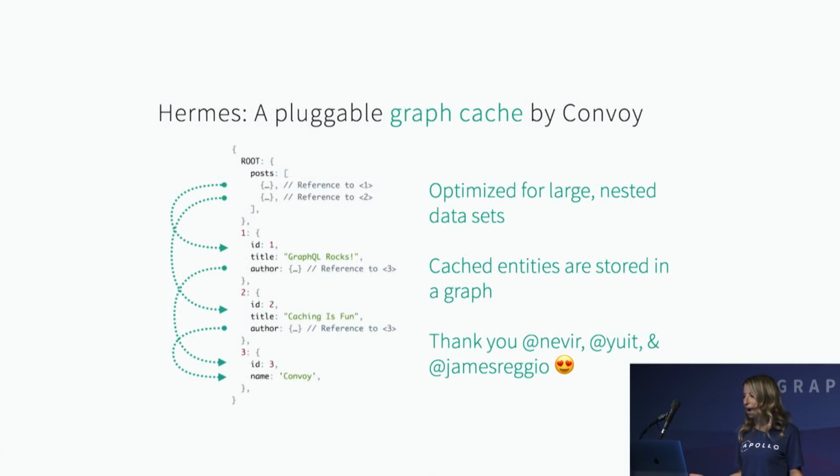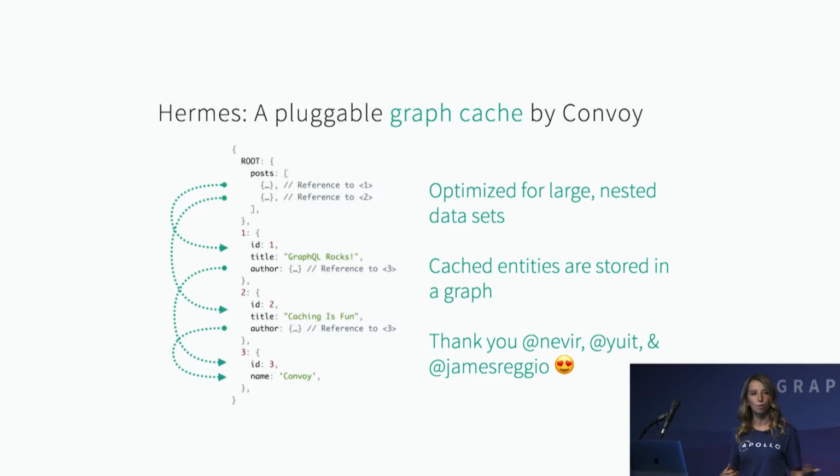In fact, we already have an alternative cache you can choose from. It's called Hermes, and it's built by Ian McLeod and the amazingly talented team at Convoy. Since Convoy's payloads were very large and nested, they were experiencing slow reads and writes due to Apollo's normalization process that we talked about earlier.